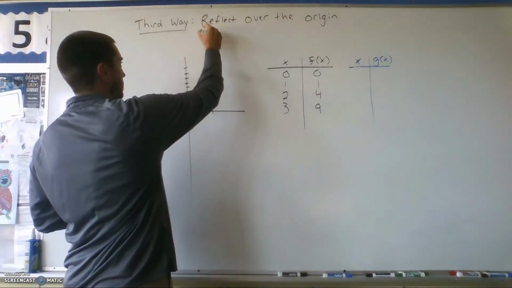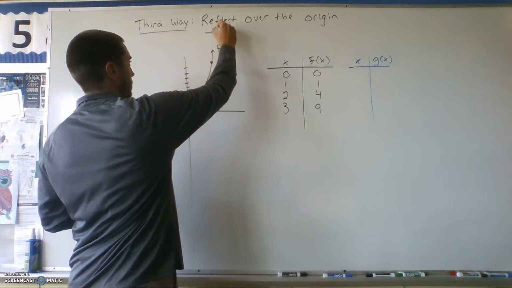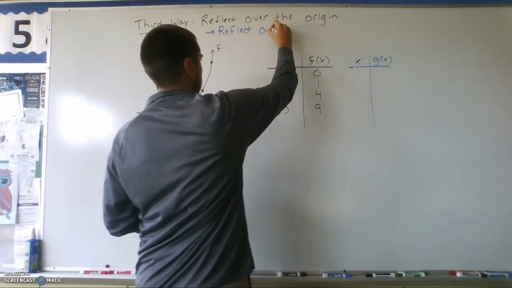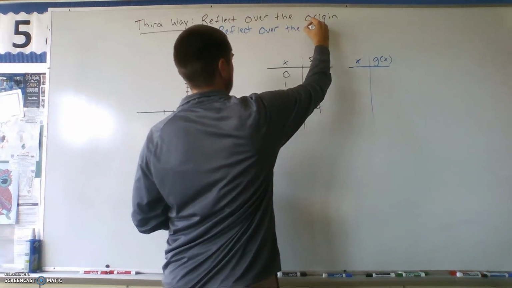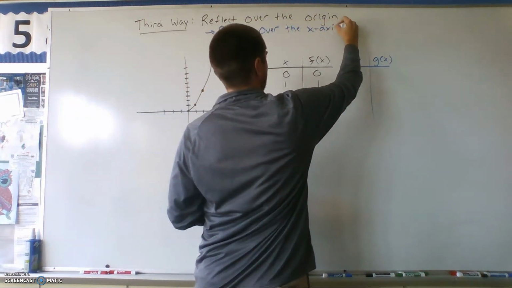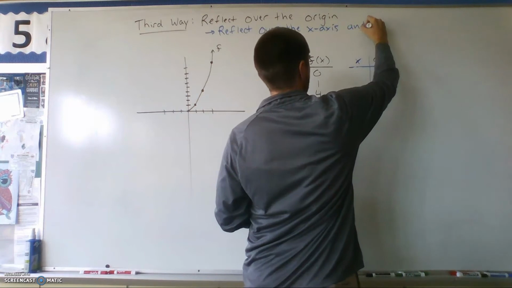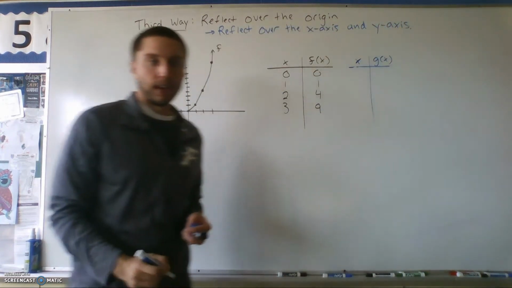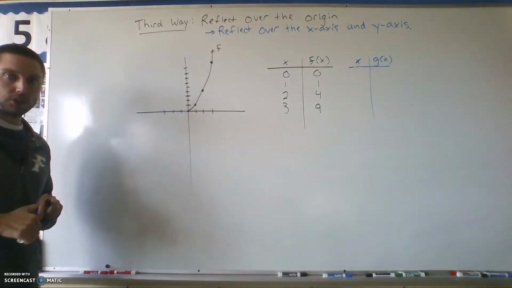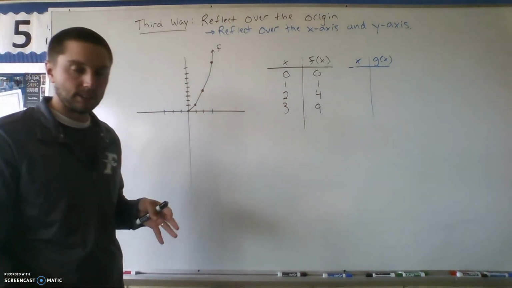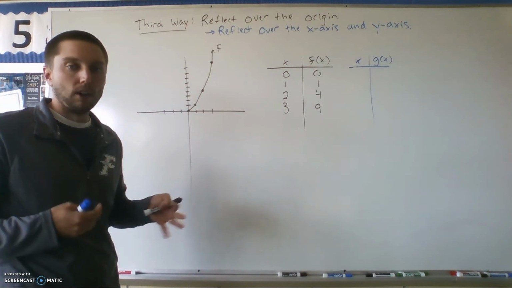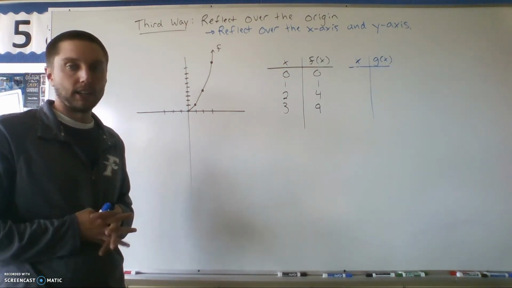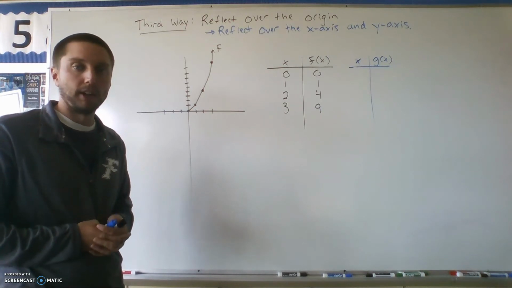So really, reflect over the origin is saying reflect over the x-axis and the y-axis. So if I want to reflect it over the origin, I'm going to reflect it over the x-axis and the y-axis. Now, does the order matter? No, it doesn't. And I can show you why here in a second.